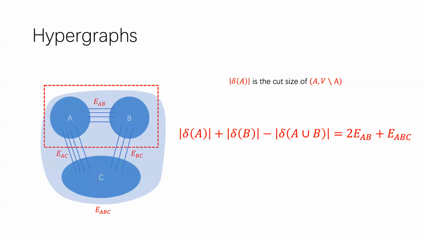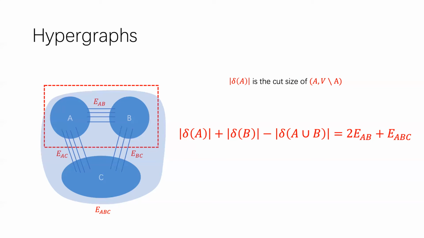The main reason that this approach cannot be generalized to hypergraph cases is that in the case of hypergraphs, there are edges that contain vertices in all of A, B, and C. And let's call these edges EABC. And in this case, the cut size of A and V minus A plus the cut size of B and V minus B minus the cut size of C and V minus C is 2 times EAB plus EABC.